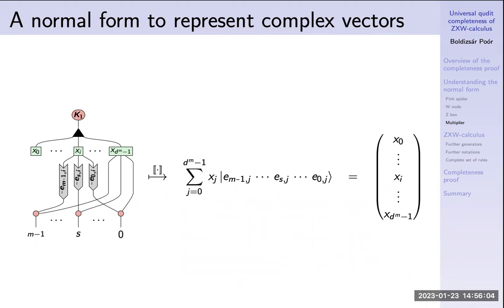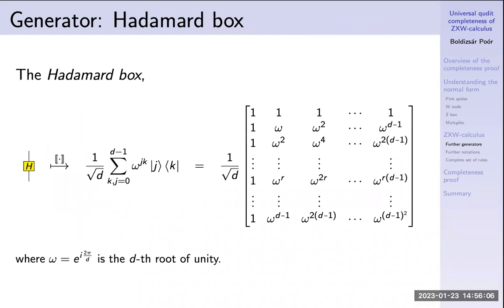Now let's move on to the rest of the generators of the ZXW-calculus. So obviously we have the Hadamard box, and this matrix may seem a bit hard to understand at first, but it's actually just this sum.